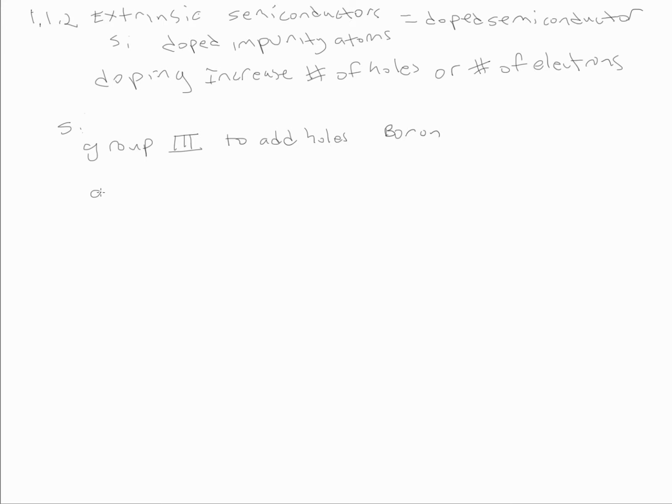And then group 5 elements, I should say, add electrons to your material. And the book covers mostly phosphorus, but they also mention arsenic as a group 5 element.